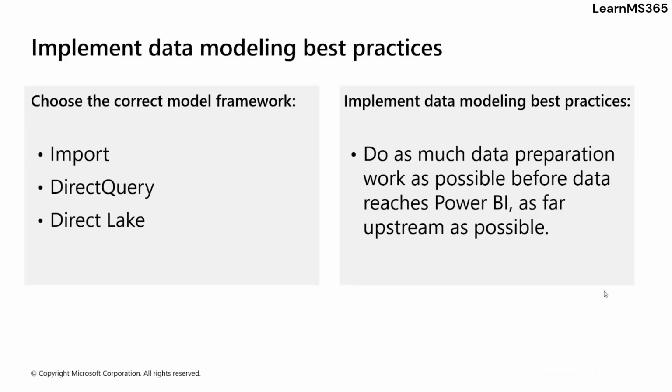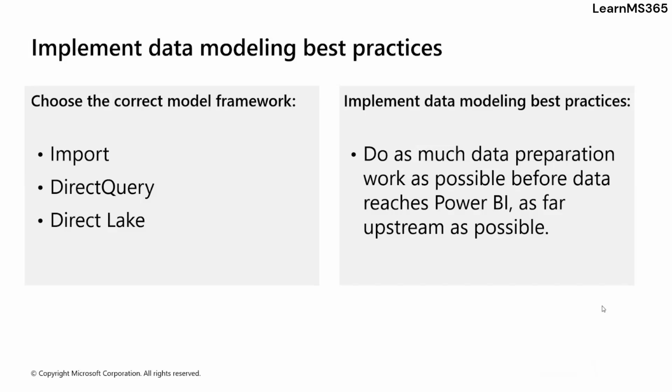Not only this, but one of the best practices is to limit the complexity of DAX calculations, because query folding occurs by default in DirectQuery, and a more complex DAX measure means added complexity at the source, which will slow the queries.